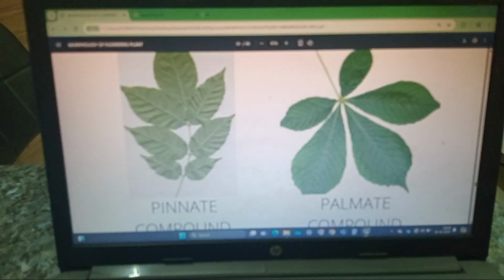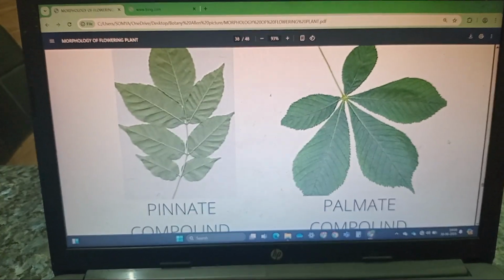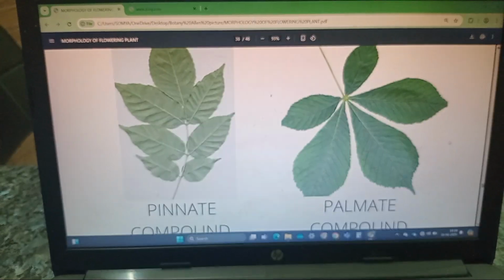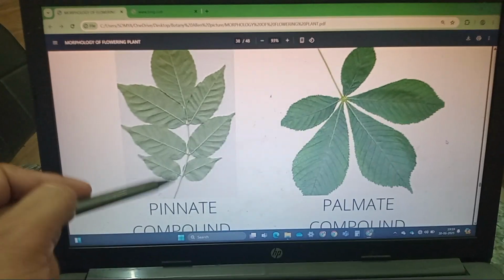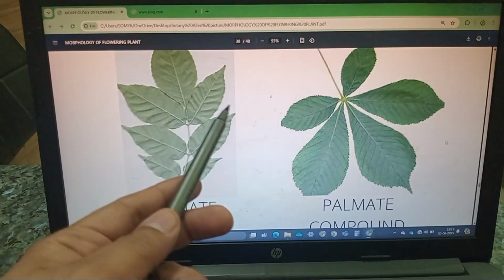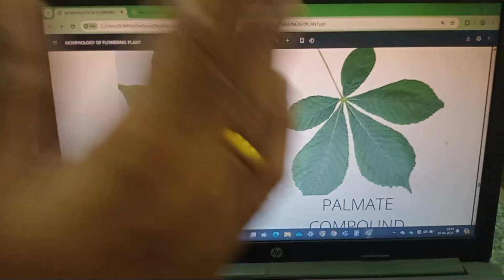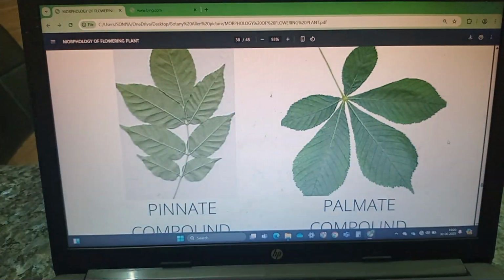Now we come to the types of leaves, which are simple and compound. In compound leaves, the leaf is divided into leaflets, and this is called the rachis. When the rachis is long and on both the sides the leaflets are present like a pinna, this is pinnate. This is like a palm, so it is palmate.